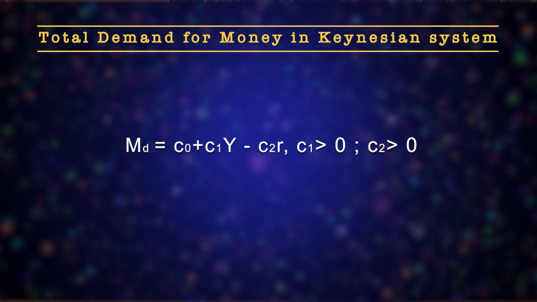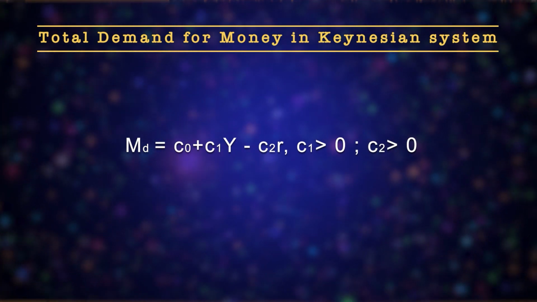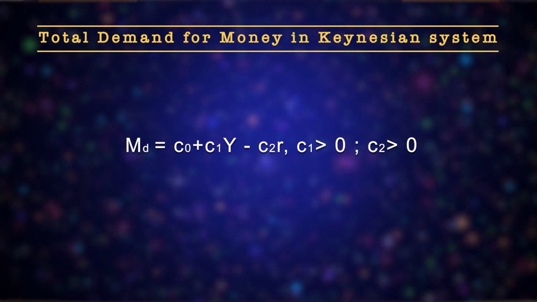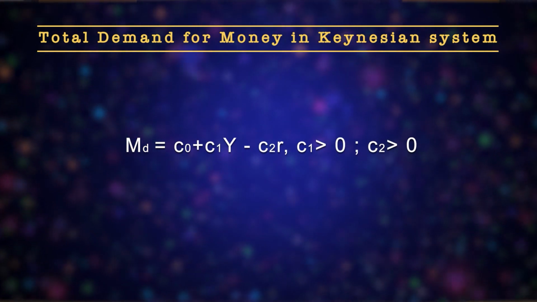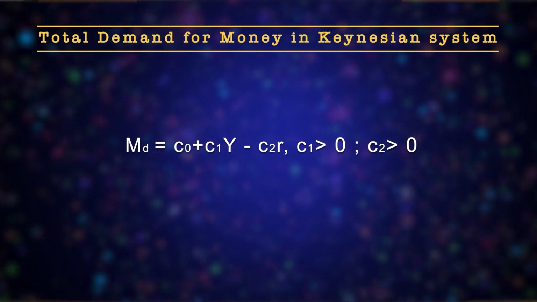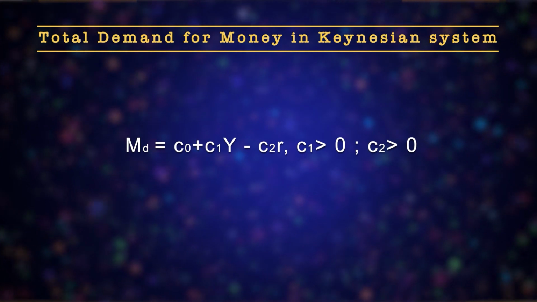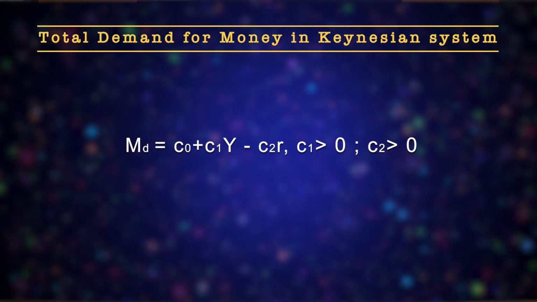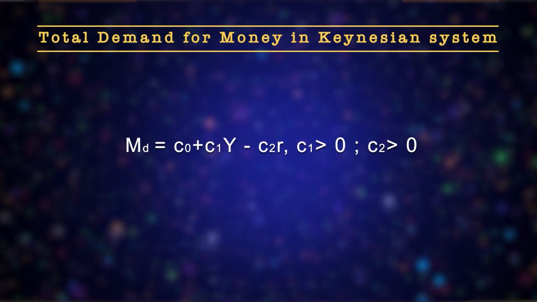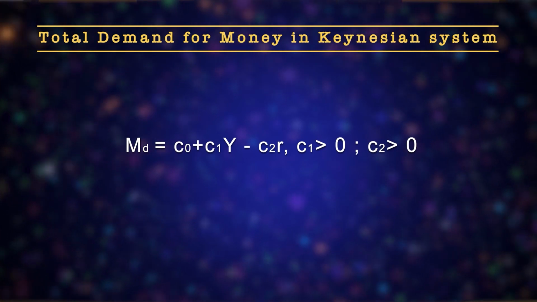What do I mean by this? The parameter C1 here gives the increase in money demand per unit increase in income, and C2 here gives the amount by which money demand declines per unit increase in the interest rate. So, here I have shown both the functional form of the money demand function as well as the equation form of the money demand function.